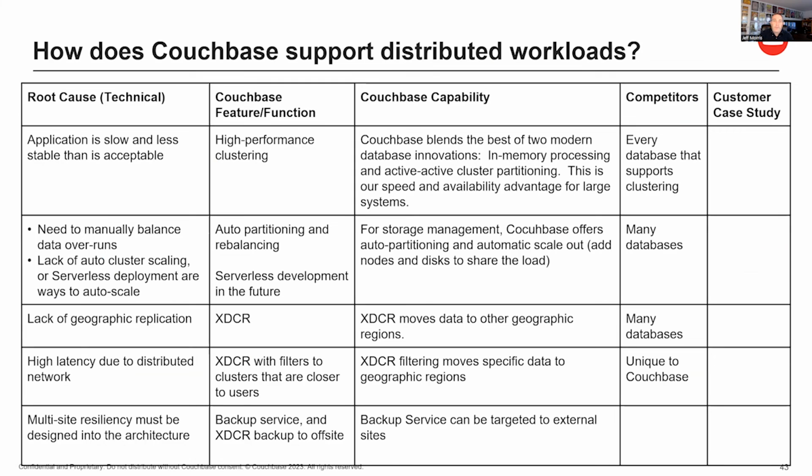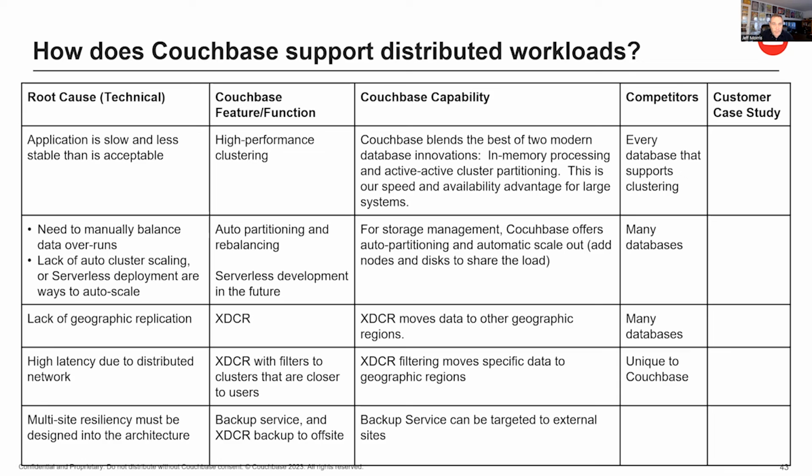When we look at how we handle different situations in supporting distributed workloads, this is how we do it. For application availability and slowness, we've got a high performance clustering design where everything happens in memory first. When we need to add capacity to the storage, we can automatically rebalance all of that data and redivide it amongst new storage drives.